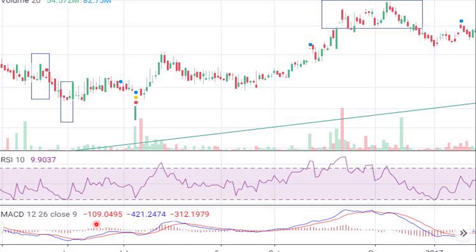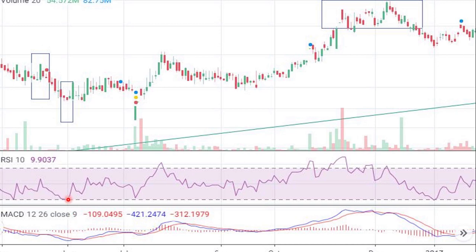Okay, let's see the signals that we get. For example, here RSI has given us a buying signal. Okay, and also we have an upward trend. RSI here gives us a buying signal, and also MACD gives us a buying signal, and this indicator also tells us we are in the oversold zone.